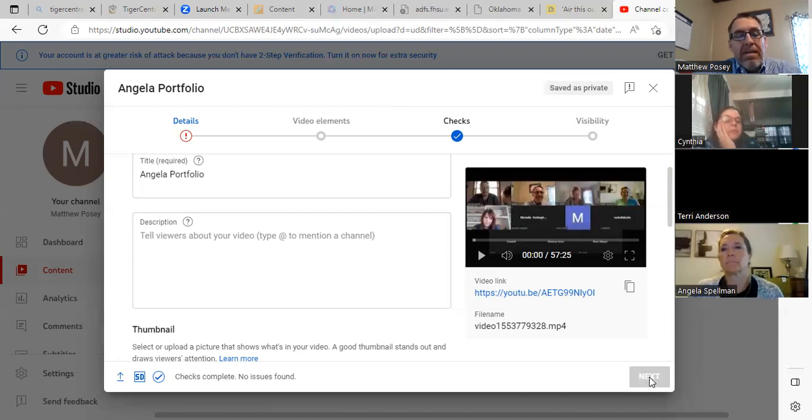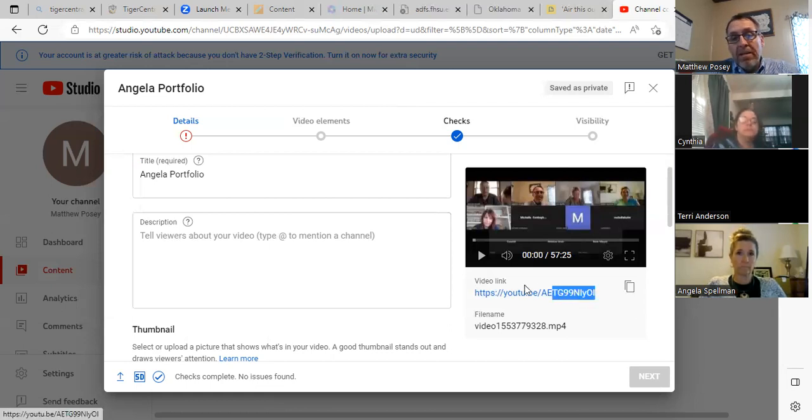My next step will be, I would hit the next button, Angela, and it's going to pop up a tab on the left-hand side, and it's going to give you the option: is it appropriate content for children? You're going to mark yes, and then right below, it's going to give you the option to keep it private or make it public. You'll hit public, hit next, and then it will finalize the process.